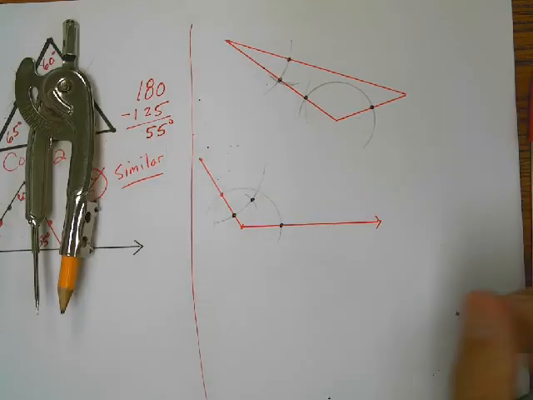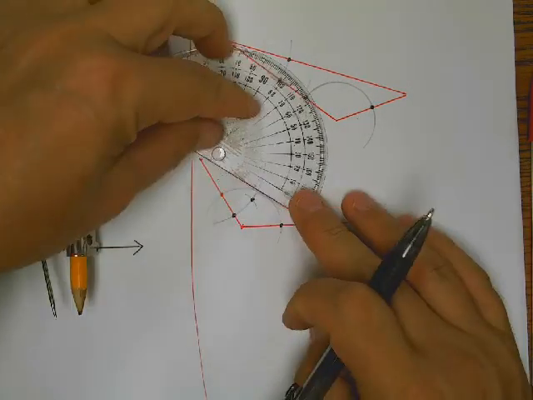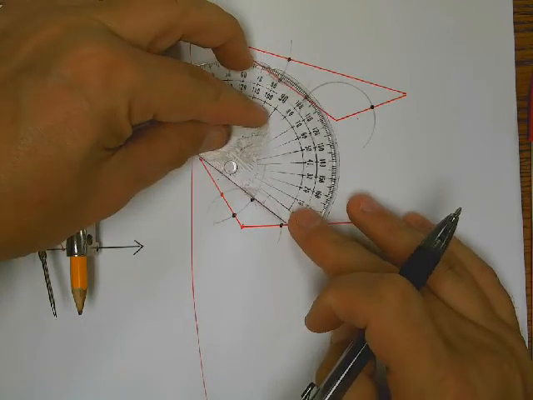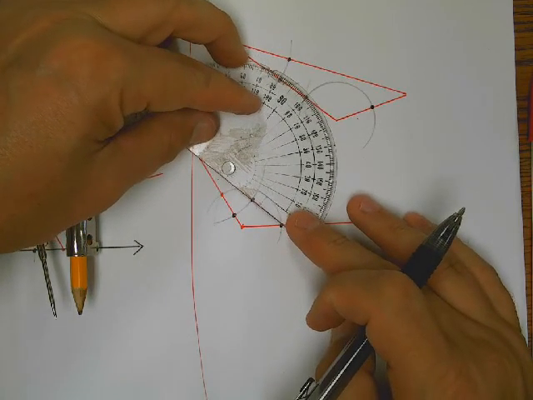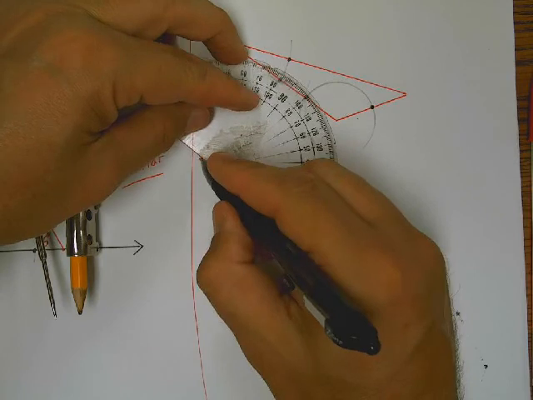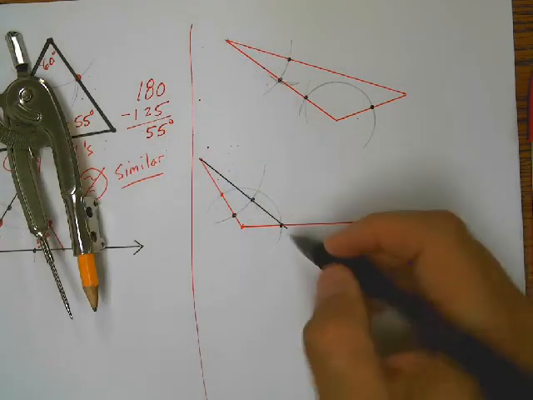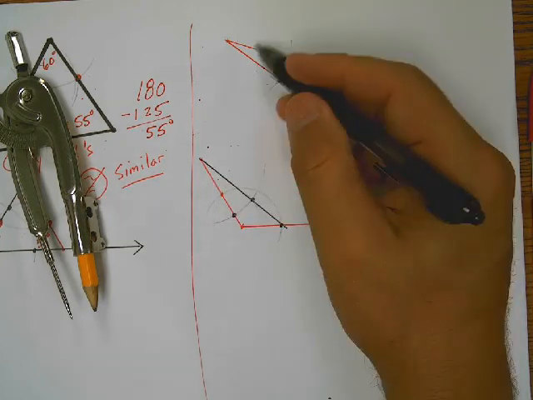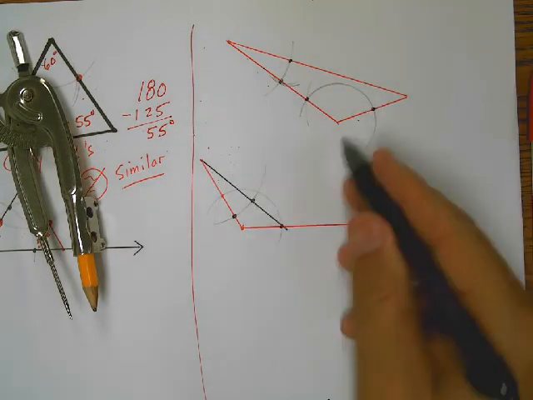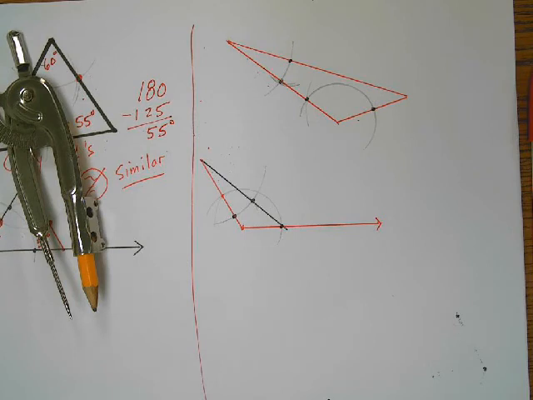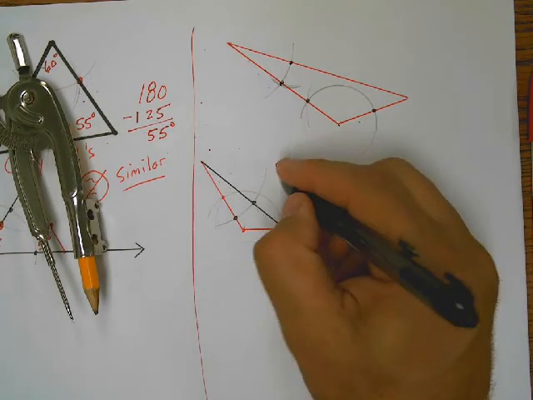Now I'm going to connect that with the end point, which becomes the vertex of the triangle. Same angle, same angle, same angle. It's a lot smaller triangle, isn't it? But I know that they are similar.